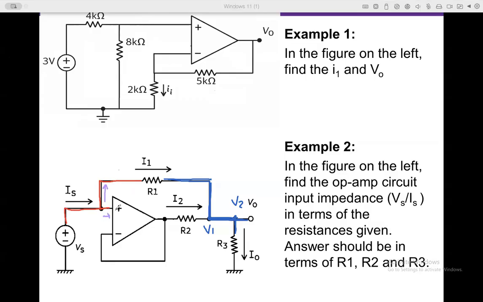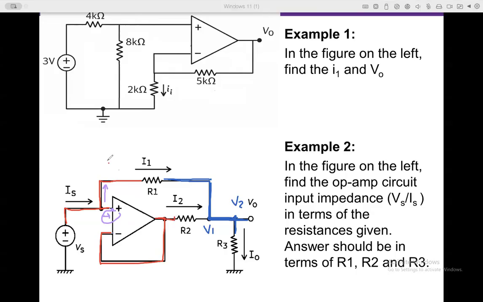In this case, how much is this current? Why? I'm just making you answer more. Because of the ideal op-amp assumption, input impedance is infinite, so there's no current flowing in, which means this voltage is this, which means all of this has the same voltage.